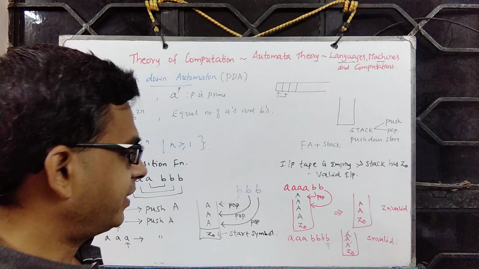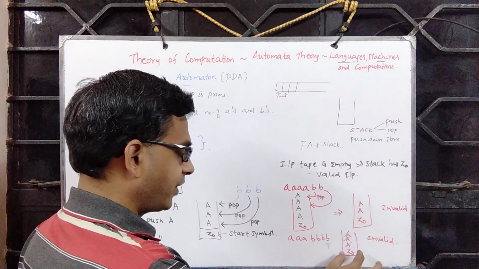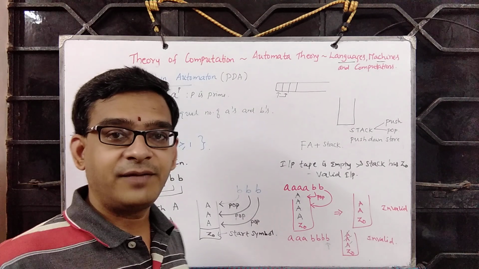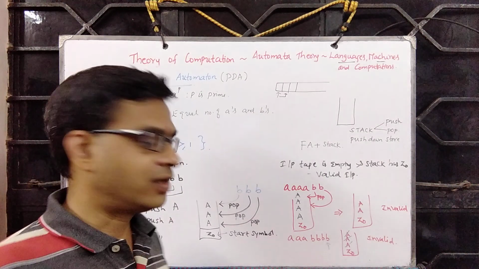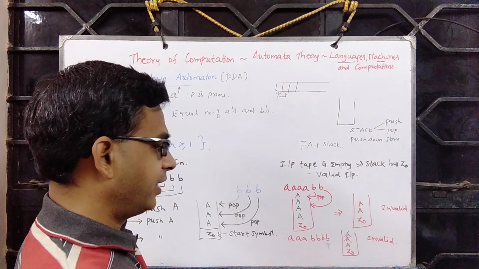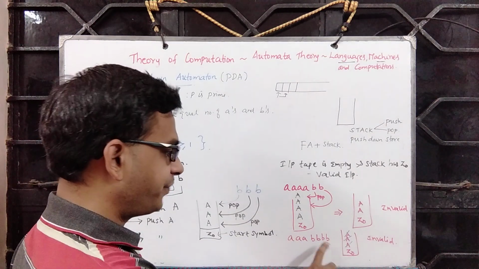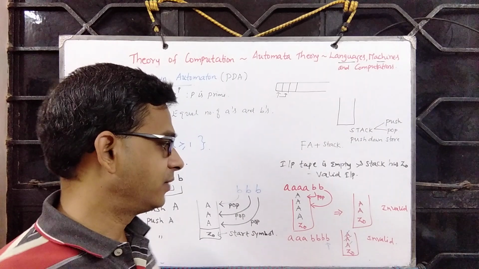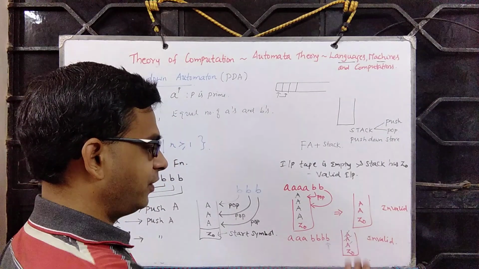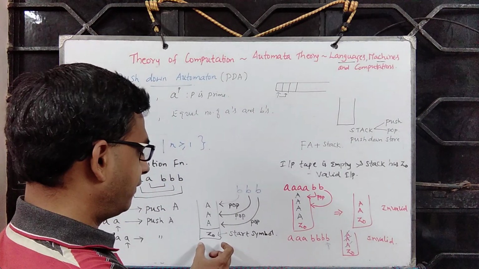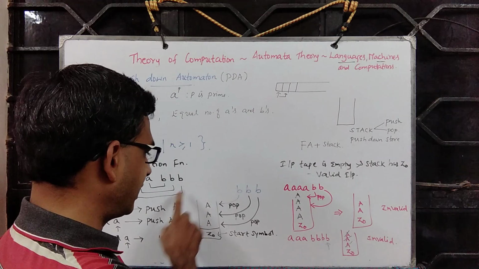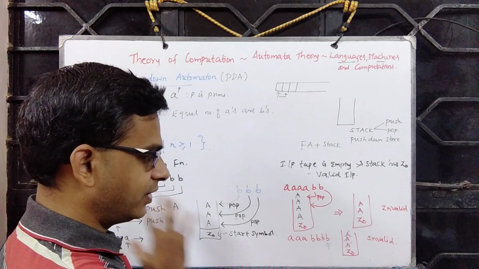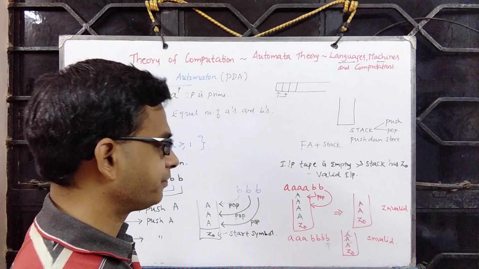So essentially, with the help of this stack, we see when we start reading a B, do we have a corresponding A on the stack or not? If we have a corresponding A, we pop and we say it is valid. And finally, if you reach a configuration where the input is empty and the stack contains Z naught, then it's a valid configuration.